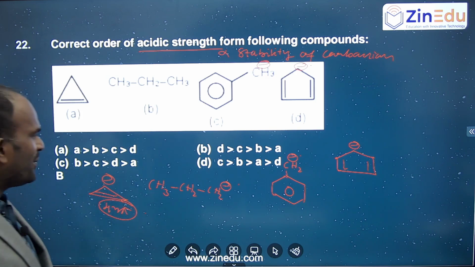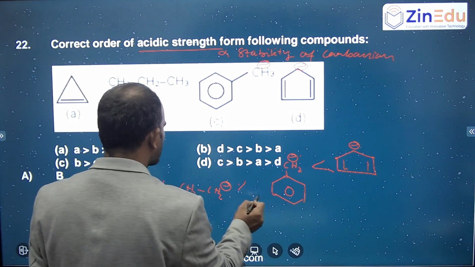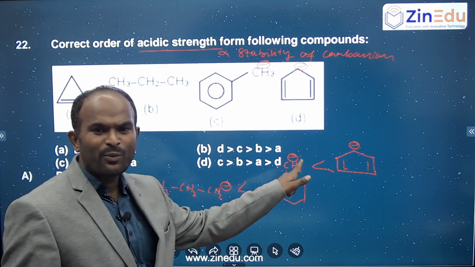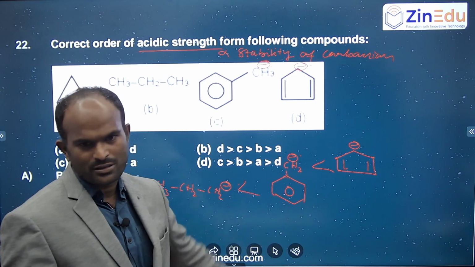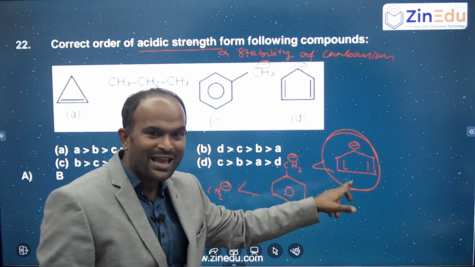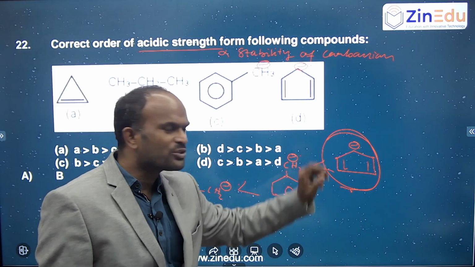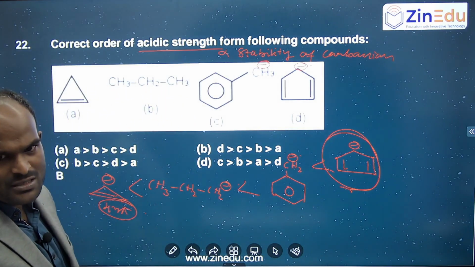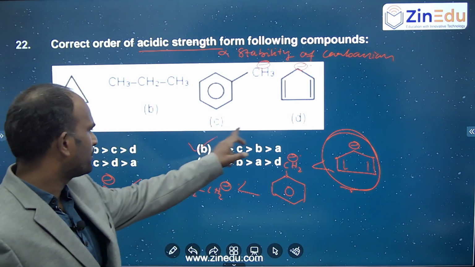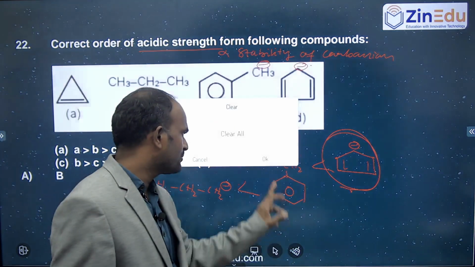Okay, anti-aromatic. So stability will be like this. If it were a carbocation, it could have been more stable because of more resonating structures. In the carbanion also there is resonance as well as the aromatic character, and the negative charge is involved in the aromatic character. So DCBA. Absolutely this, right.